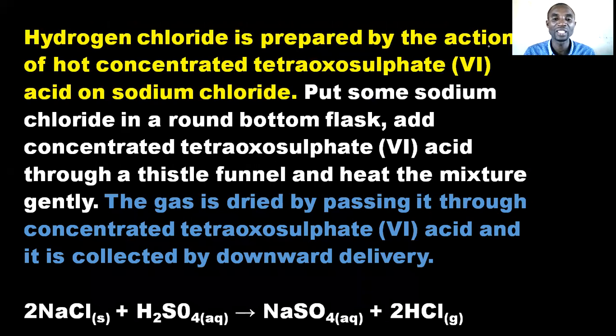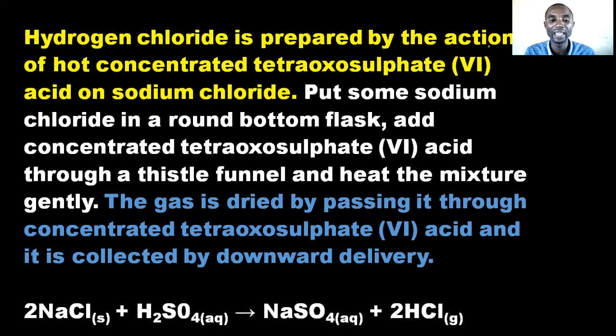All right, let's talk about it in a detailed way. Hydrogen chloride is prepared by the action of hot concentrated tetraoxosulfuric acid on sodium chloride. How do we do it? We put some sodium chloride in a round bottom flask. Then we add concentrated tetraoxosulfuric acid through a test tube funnel and heat the mixture.